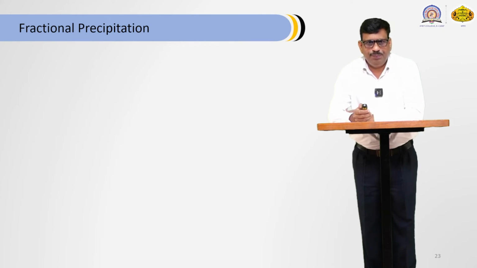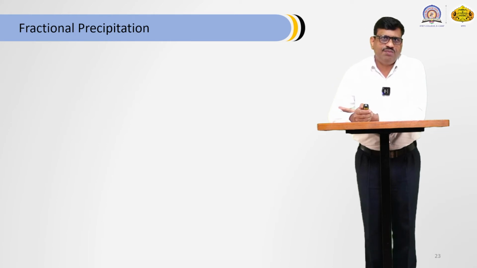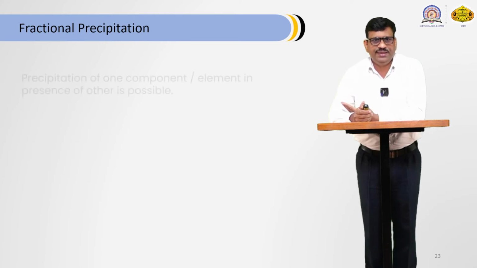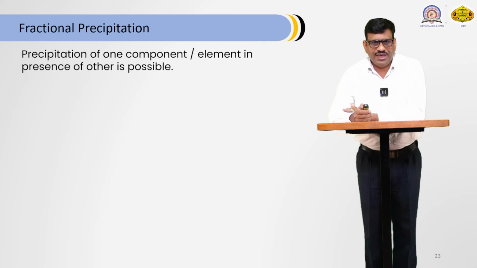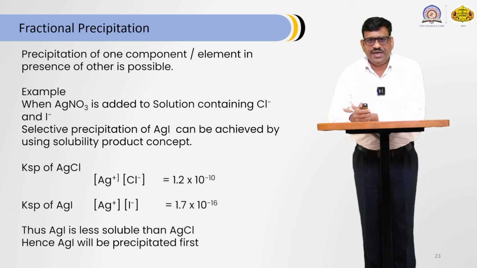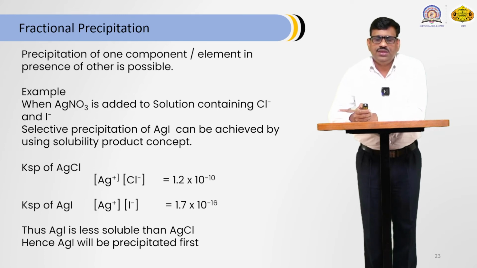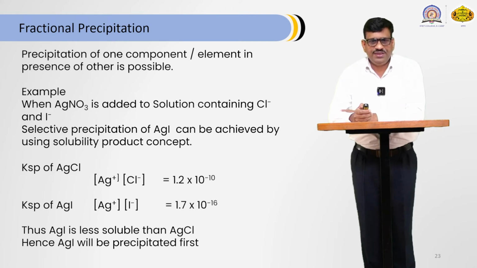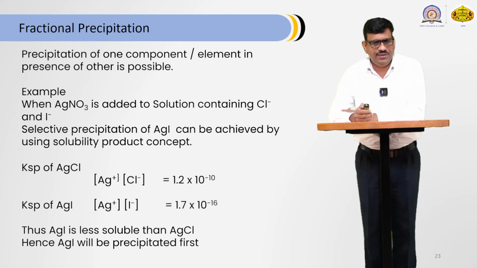Now, fractional precipitation. Precipitation of one component in the presence of another component is also possible, and that is called fractional precipitation. For example, when AgNO3 is added to a solution containing chloride and iodide, selective precipitation of AgI can be achieved by using the solubility product concept. The solubility product of AgCl is 1.2 into 10 raised to minus 10.